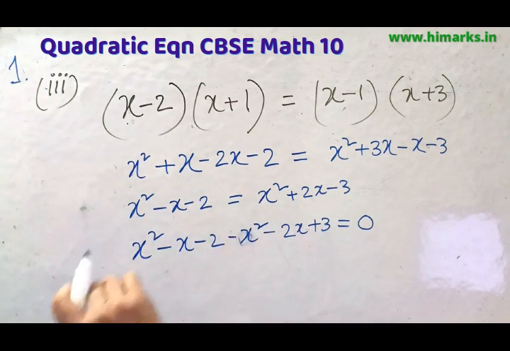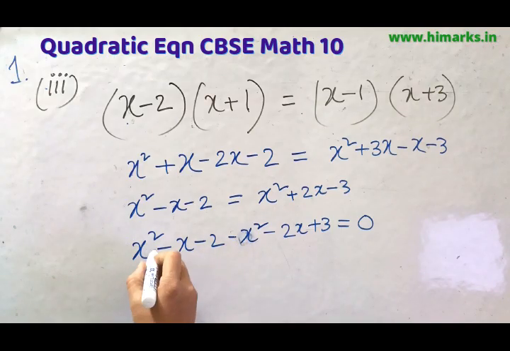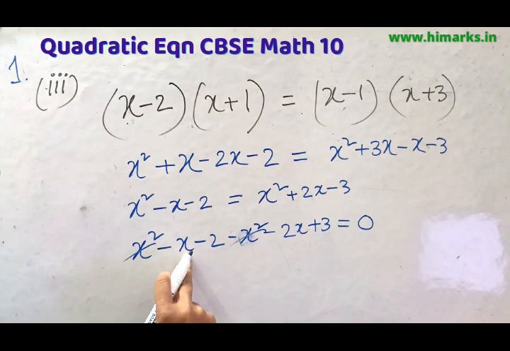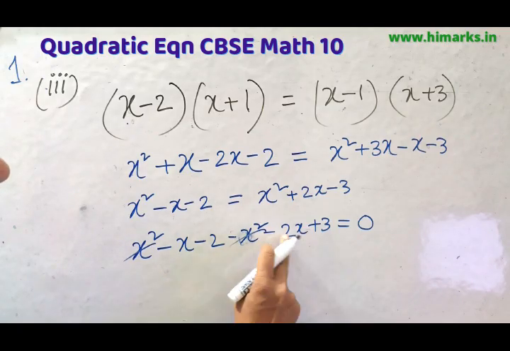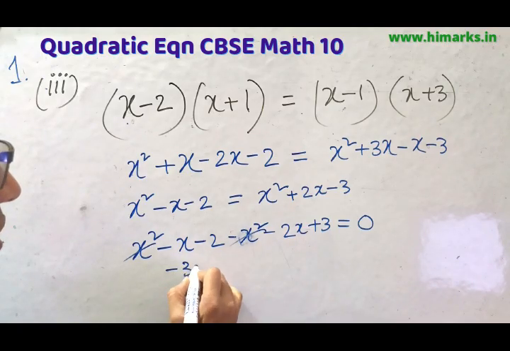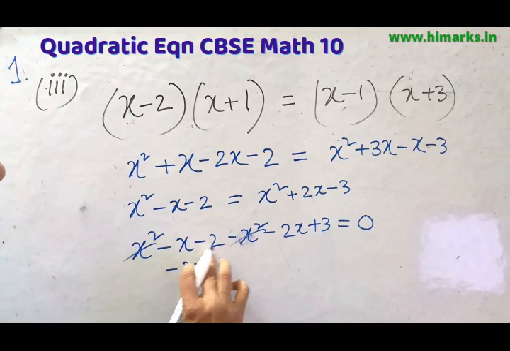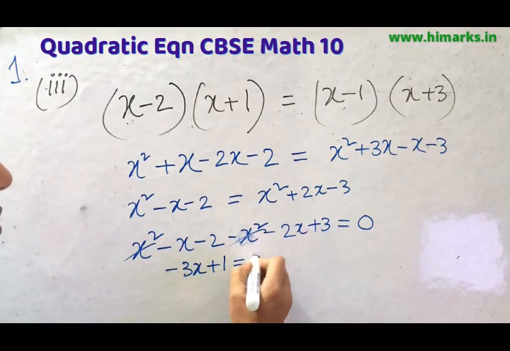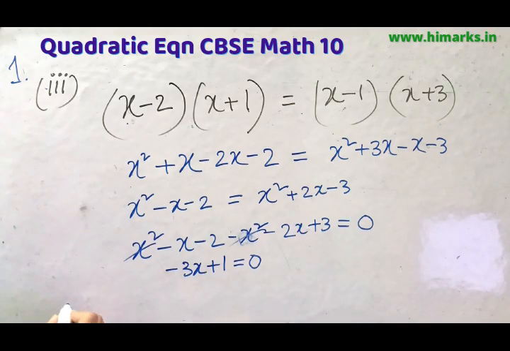So all signs got changed. Then x square and minus x square get cancelled. Minus x and minus 2x make minus 3x; minus 2 and plus 3 is plus 1, equal to 0. So what you have to write: now we know there is no x square term, so it cannot be called a quadratic equation.